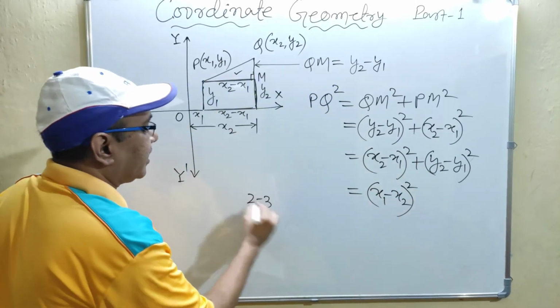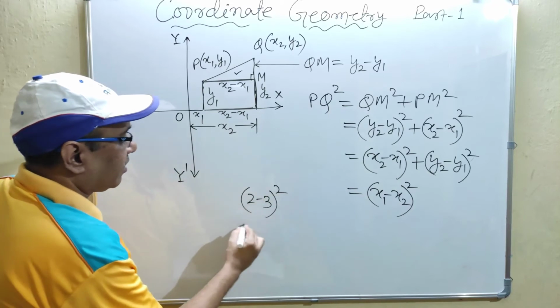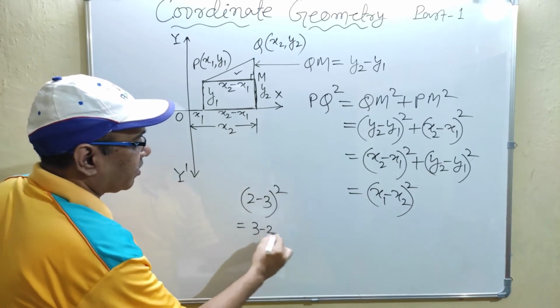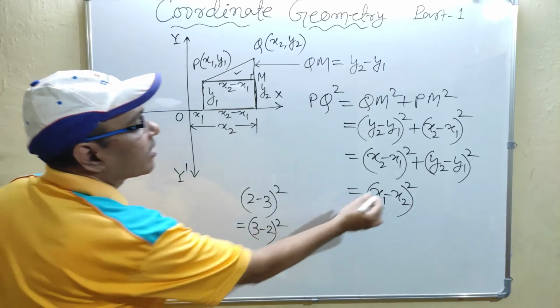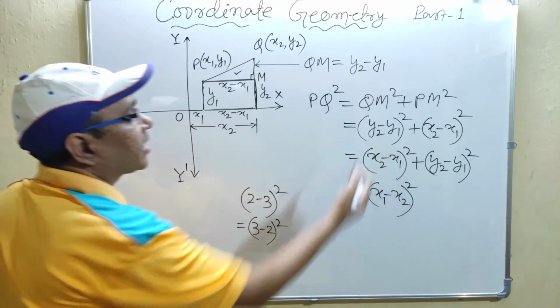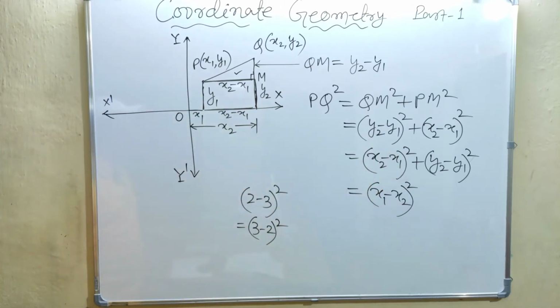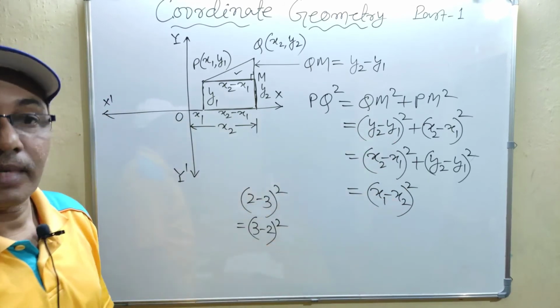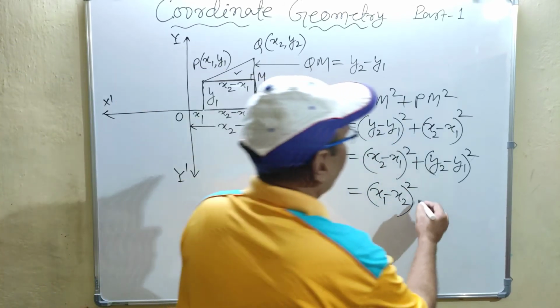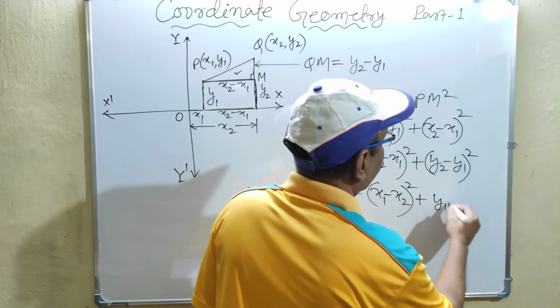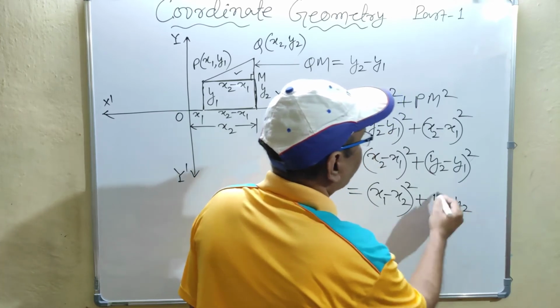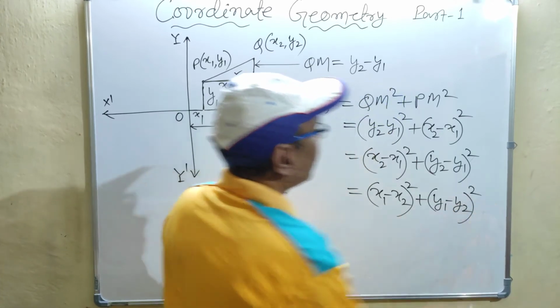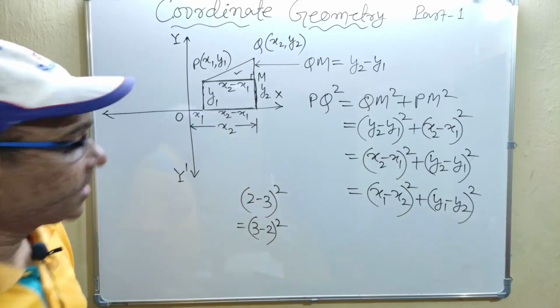The whole square of 2 minus 3 and the whole square of 3 minus 2 will be the same. Minus will be taken as common, minus square is plus, whole square is there. So x2 minus x1 whole square can also be written as x1 minus x2 whole square, and this can also be written as y1 minus y2 whole square, is it not?